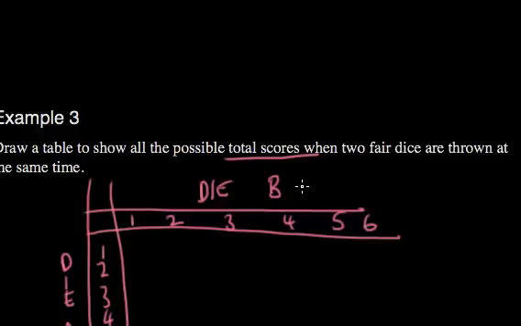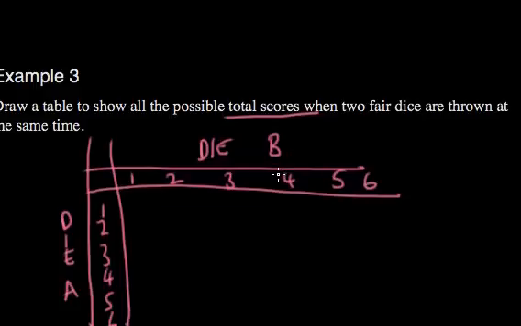And it's asking for the total score, so this is adding the two together. Here we would have a 2, it's a 1 plus a 1. Here we would have a 3 because it's a 2 plus a 1. And you can see that all of these will just go up in 4, 5, 6, and 7.